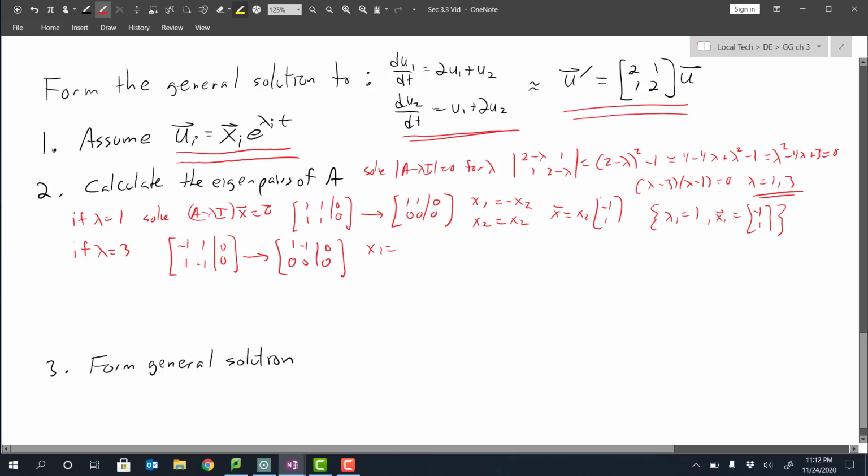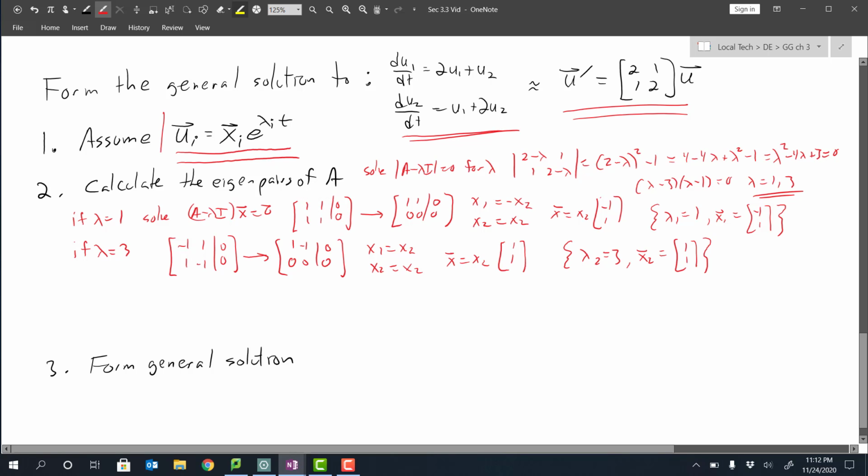I'll write out my associated equations. x2 is my free variable. My solution in parametric vector form will be this. So it looks like my second eigenpair is going to be when lambda 2 is equal to 3, then my second eigenvector will be 1, 1. So now I have my two eigenpairs.